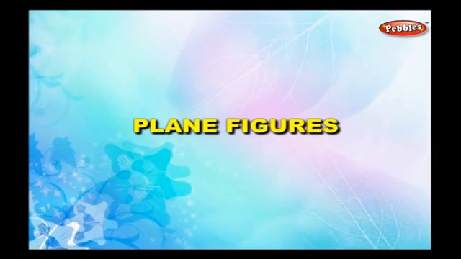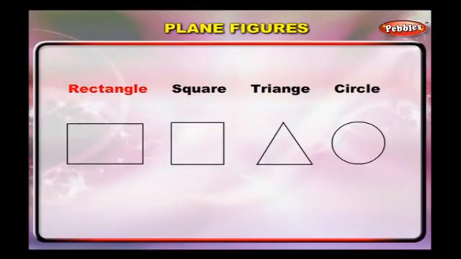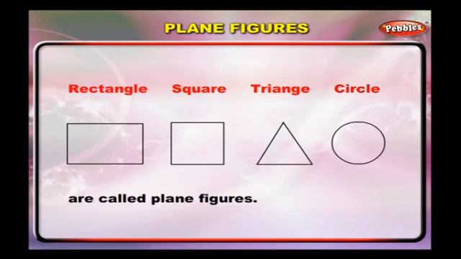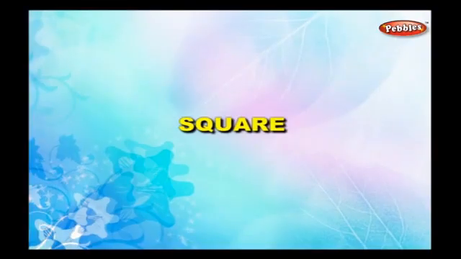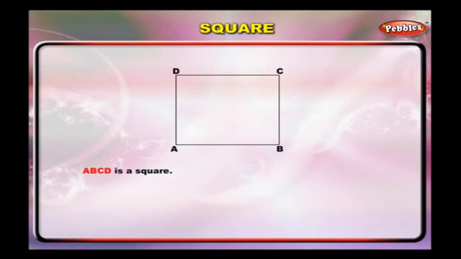Plane figures. A rectangle, a square, a triangle, or a circle are called plane figures. Square. ABCD is a square.